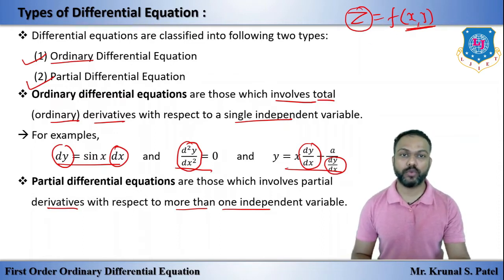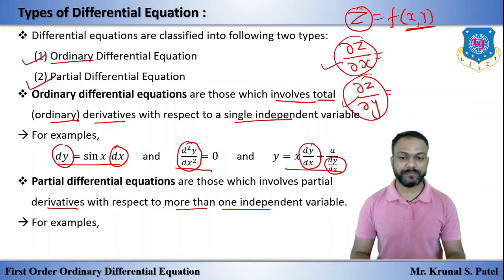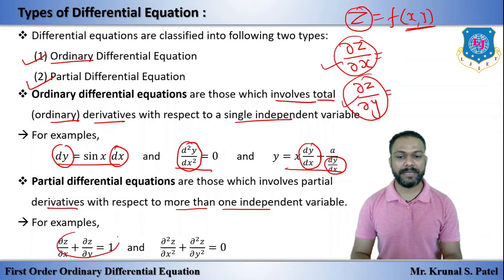But since we have two independent variables, we have to differentiate partially, so we use this del sign. This kind of derivative is called a partial derivative, and the equation which involves partial derivatives is called a partial differential equation, PDE. These are examples of PDE.